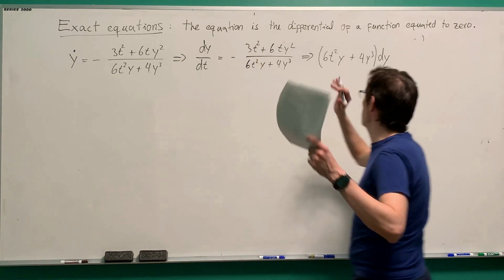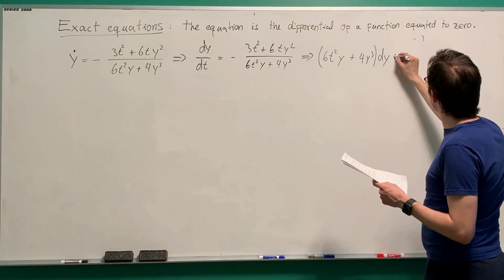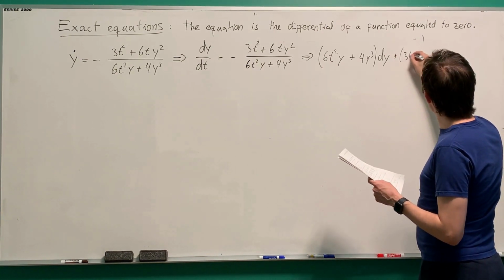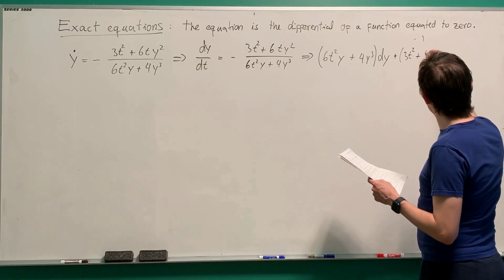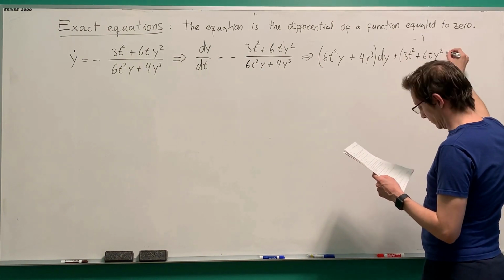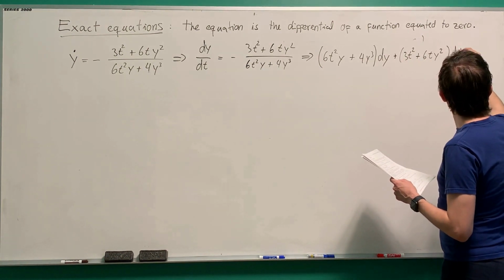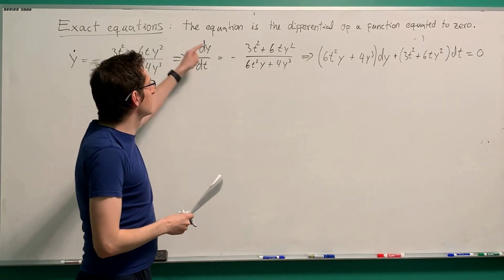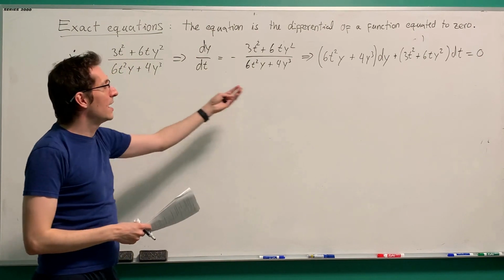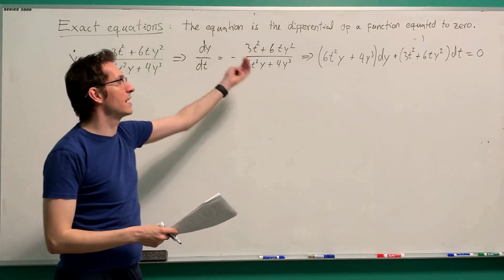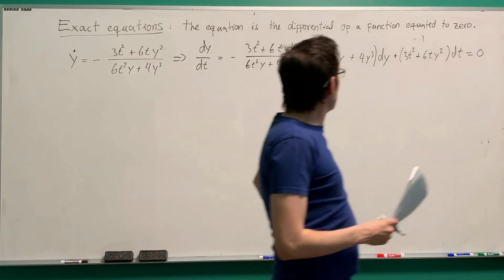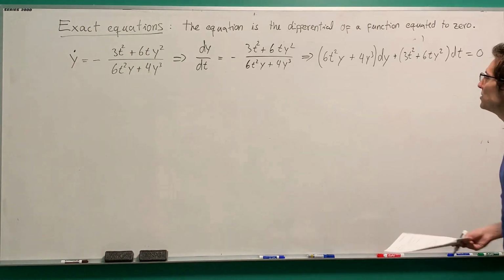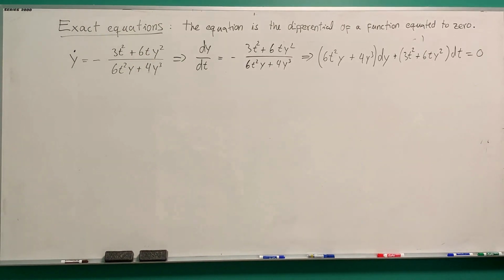Plus (3t squared plus 6ty squared) dt equals 0. You see what I mean? What I did is this times this equals this times that, and I put everything on the left. It's a minus sign that makes everything positive. So this differential equation, I can write as a differential form, equated to 0.